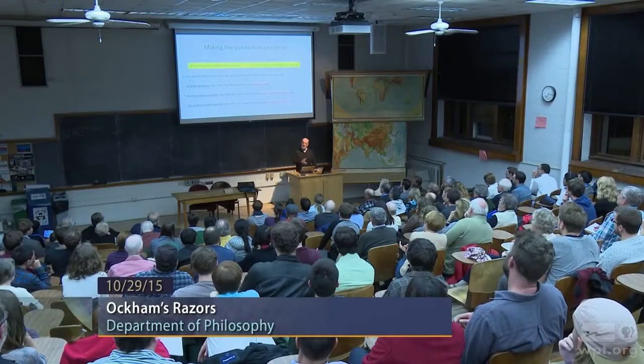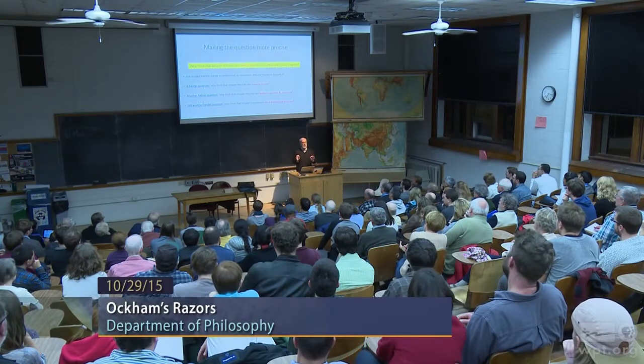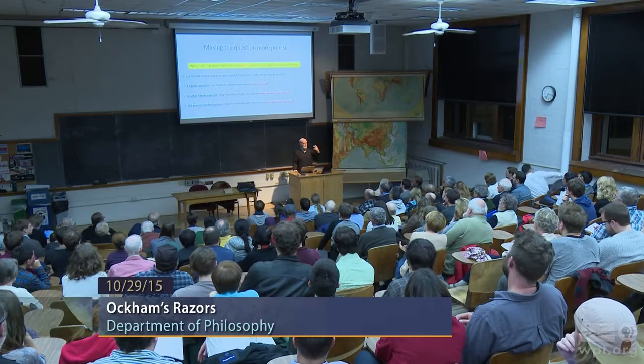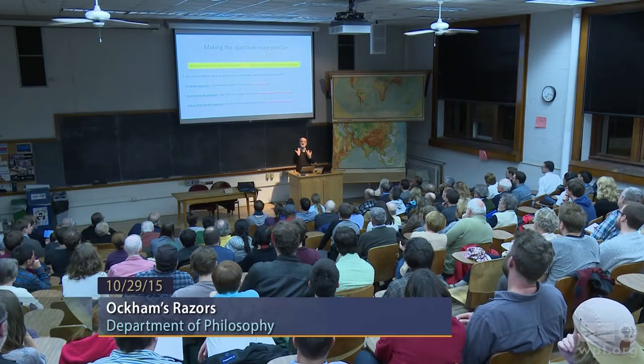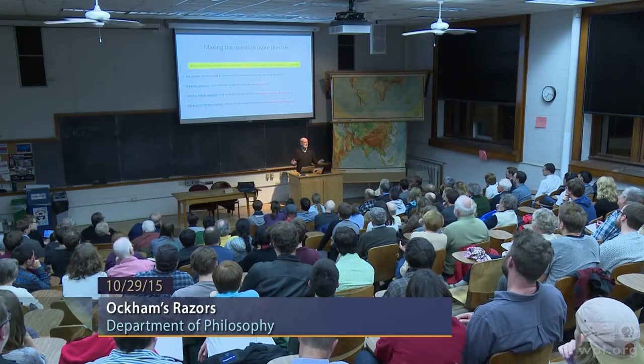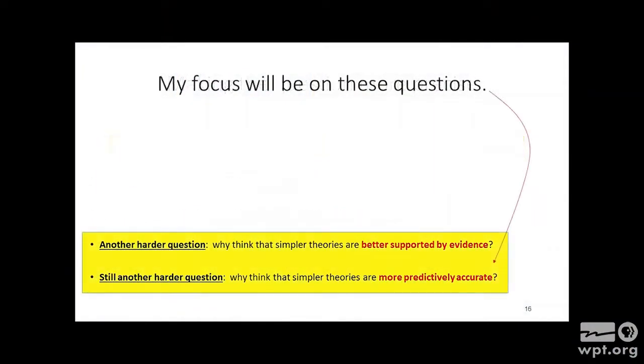So the hard problems about Occam's razor have to do with the relevance of simplicity to thinking about the way the world is. And you're not addressing that question by talking about yourself and the fact that you like simple theories, that you can remember them well, that they're beautiful to you. That is not on topic. So these three problems are the hard problems, and I'm going to be talking about ways of solving two of the three.